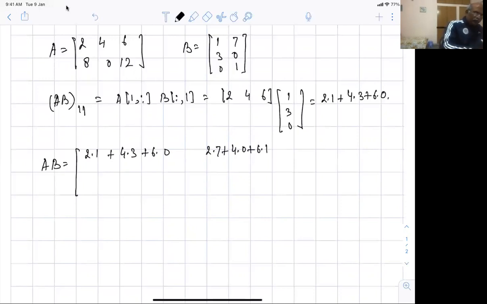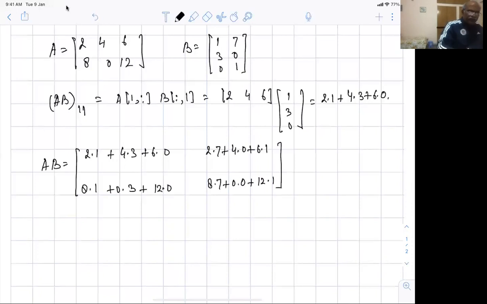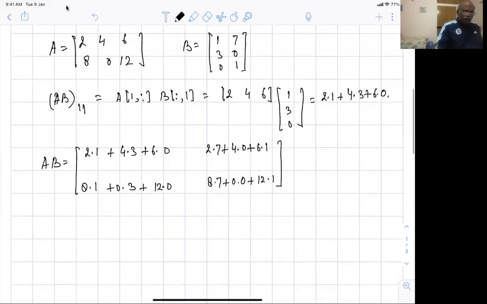The next entry is going to be 8 into 1 plus 0 into 3 plus 12 into 0. Please verify because I make a lot of mistakes. And then 8 into 7 plus 0 into 0 plus 12 into 1. This is what my matrix is. Now you can add all of them and get your answers. Everything is nice, no problem.